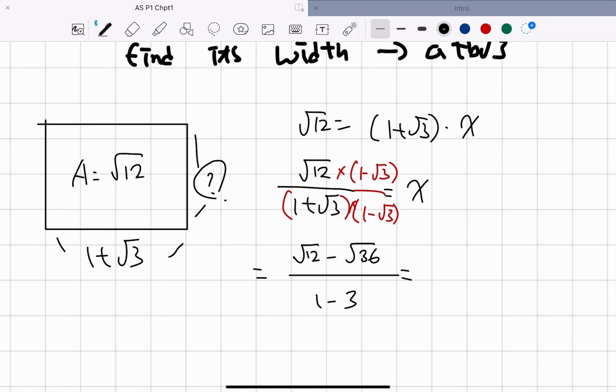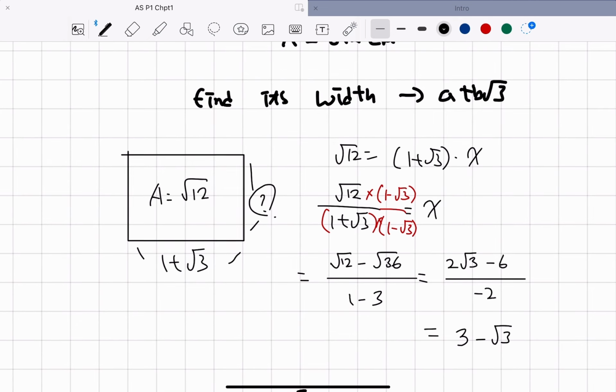Then we can simplify: square root of 12 is 2 square root of 3, and 36 equals 6 squared, so it's just minus 6. The denominator is minus 2, so we can simplify to 3 minus square root of 3, and this should be the answer. So a equals 3 and b equals minus 1.